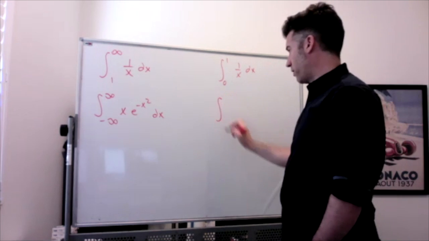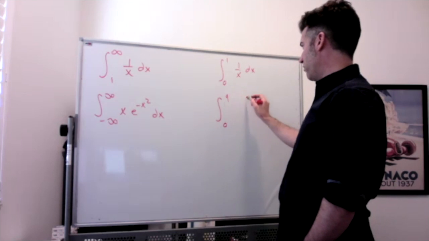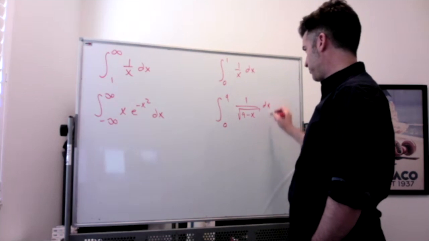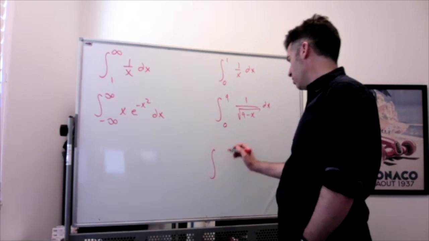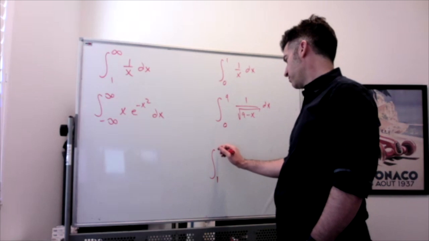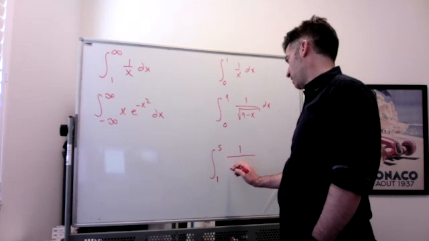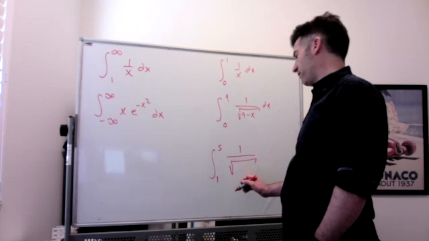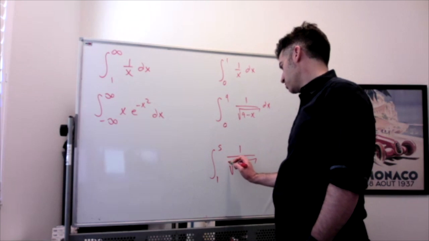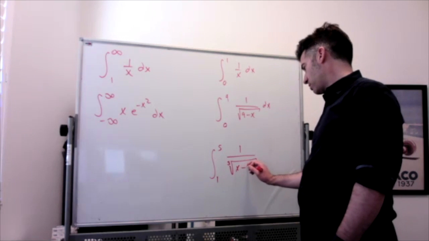Or the integral from, I don't know, 0 to 9 of 1 over the square root of 9 minus x. Or even the integral from 1 to 5 of 1 over, let's do the cube root of x minus 4.